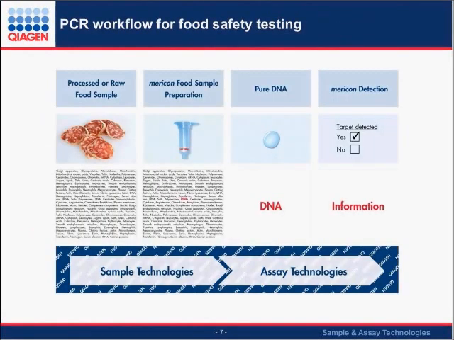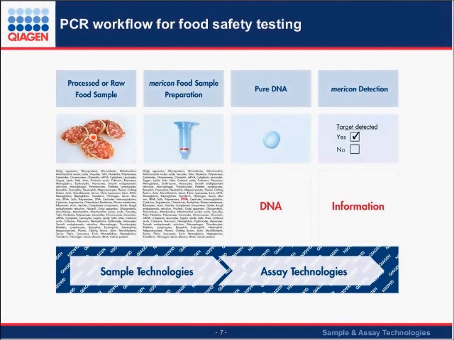This is just a diagram here of a PCR workflow for food safety testing. You start with a processed or raw food sample, and here we have a picture of food. Say this is a sausage. You can grind up the sausage and get DNA from the sausage to look for the presence of pork or whatever, some DNA in that sausage. You can also put the sausage into an enrichment culture and see if you can grow out, for instance, listeria, which a sausage could grow.